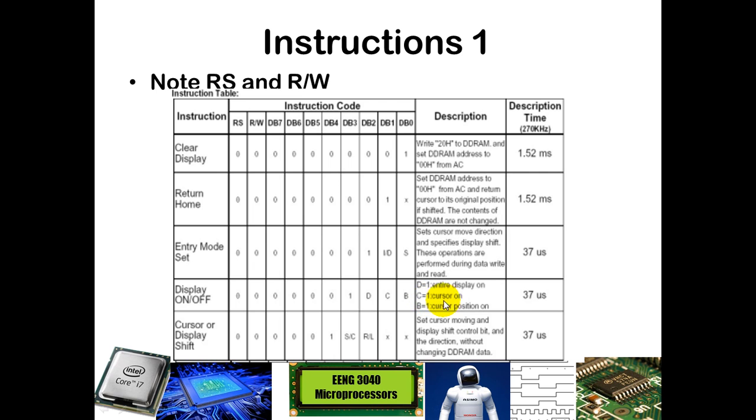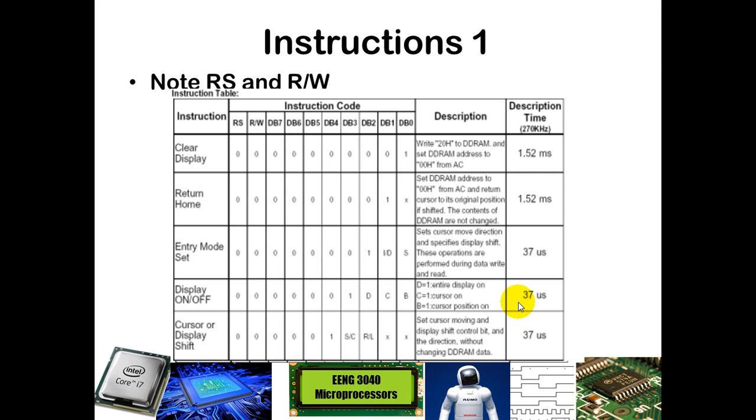And then if your cursor is on, you can put a 1 right there, and then if the cursor position is on, you can put that there too. So you have the option of having a cursor, and that cursor can scroll across as you have text, or you might just want the cursor to be hidden in the background, so you can do that here.